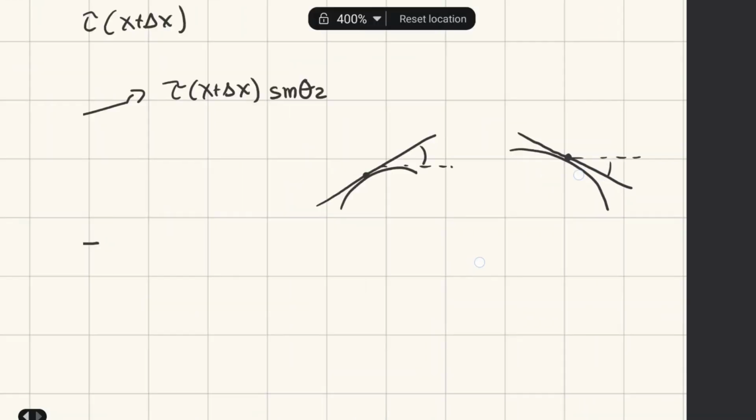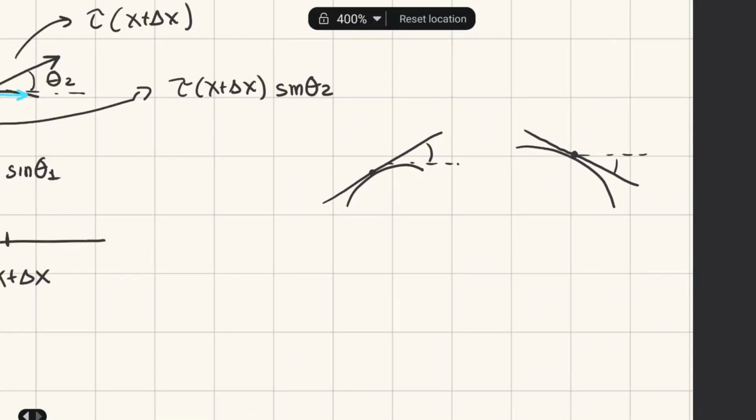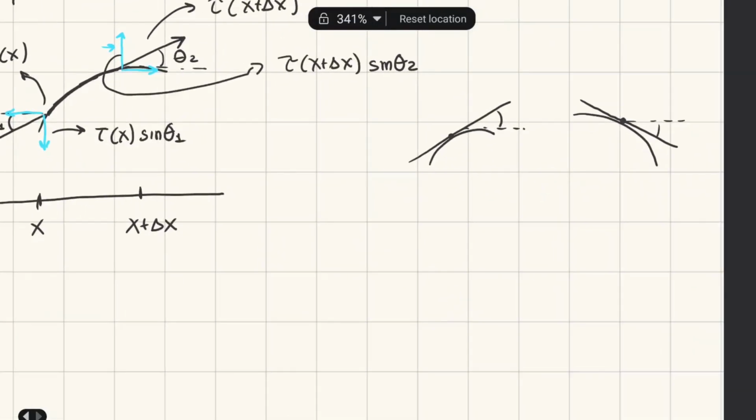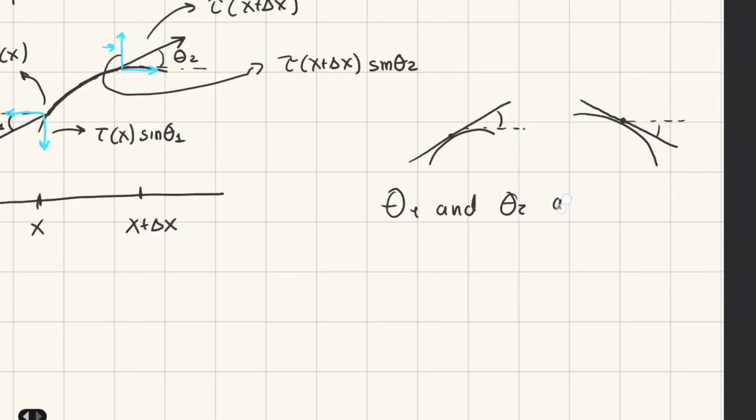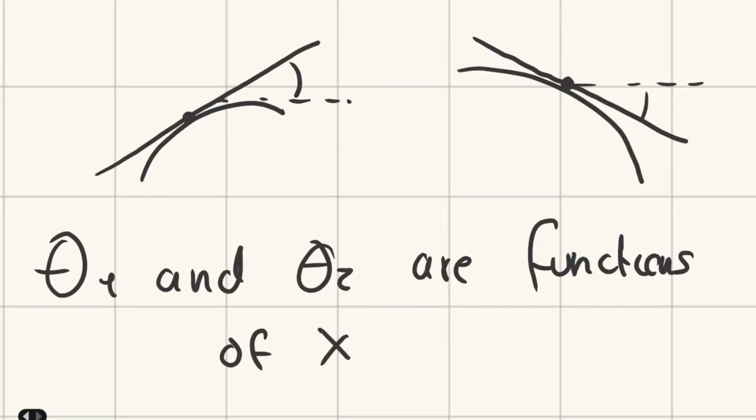So what I want you to see here is that theta 1 and theta 2 are functions of x, of the position, right? Because we can see from these two examples that depending on the position of the string we are, well, theta will take some value or another one, right?